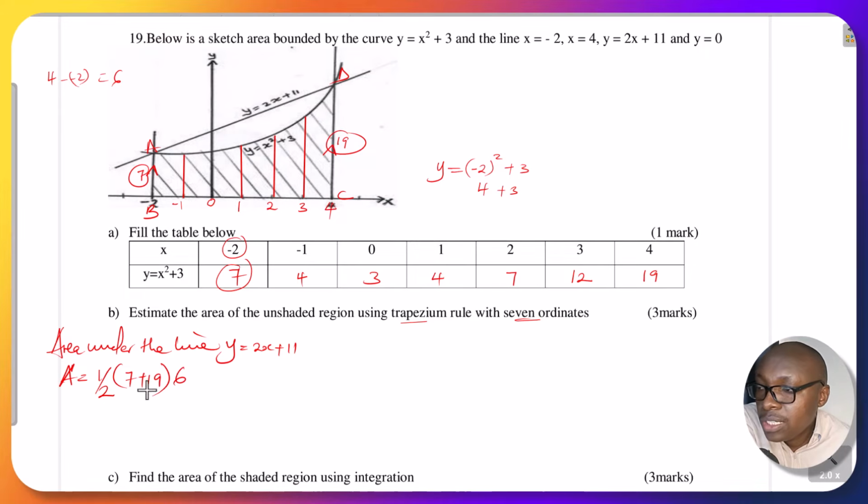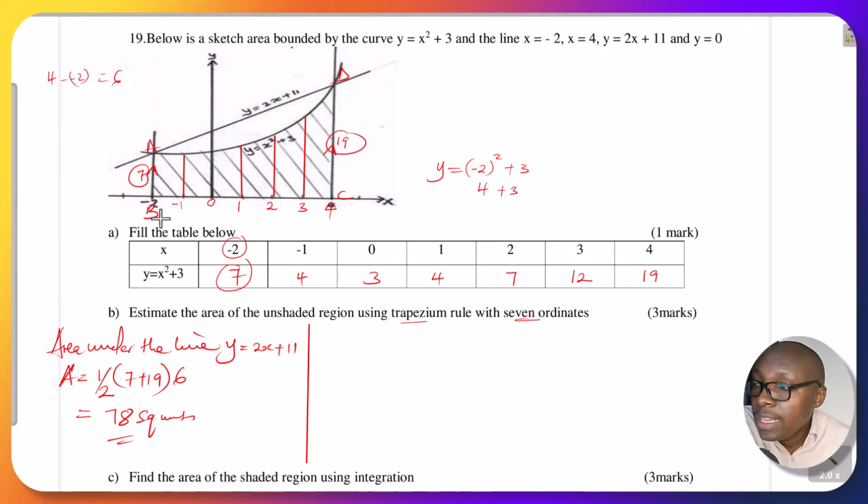So the height will be 6. This will give you the area under the line. And when you work this out using a calculator, it will give you 78 square units.